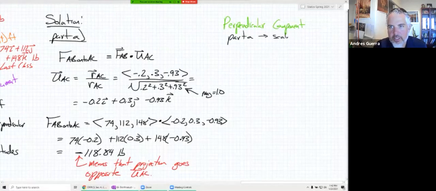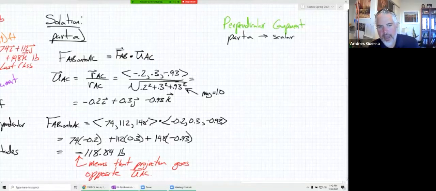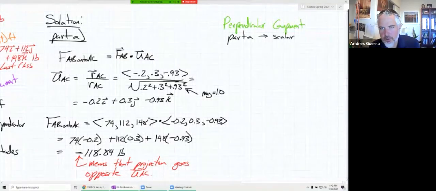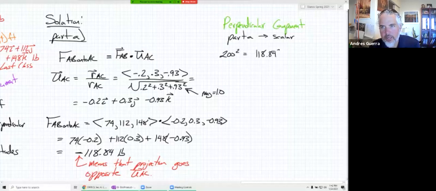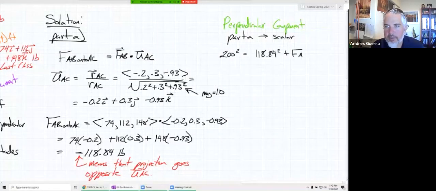Still, we'll do the vector in a second. So in part A with the scalar, we go back, and the idea is that we have 200 pounds to start with. So 200 squared has to be equal to 118.84 squared plus the part of AB that is perpendicular to AC. So FAB perpendicular to AC squared.